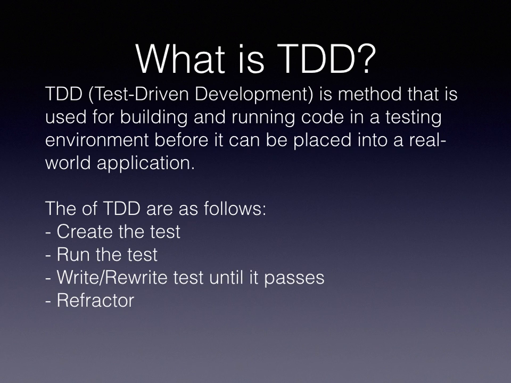As I just explained, here are the steps of TDD, or test-driven development, as they follow. First you create the test, you run it, and then you can rewrite the test until it passes.